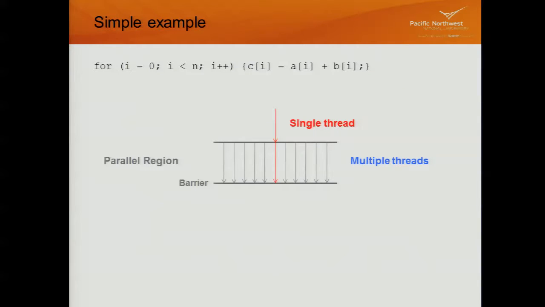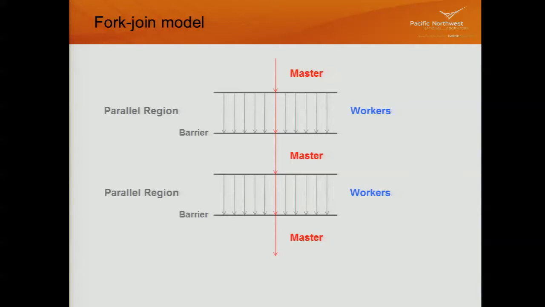But essentially, it's a simple fork-join model. The sequential code that may precede a for loop will be executed by a single thread. When the for loop is encountered, the compiler will insert instructions before the for loop to dynamically acquire hardware resources. Those hardware resources will be acquired. The range of the loop here is from 0 to n, so there are n instances of this body. Those will be scheduled on the resources which are acquired.